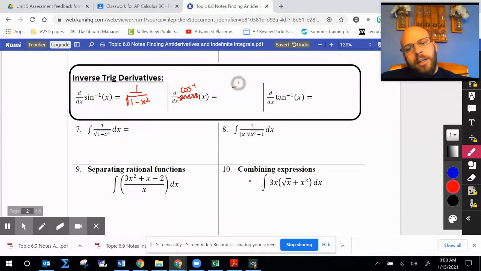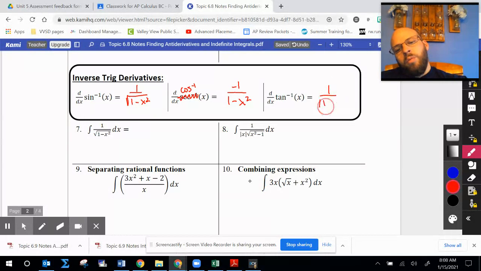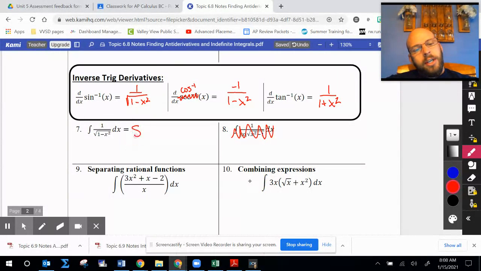And this is going to be a negative 1 over 1 minus x squared. And then tangent is a 1 over 1 plus x squared. So you don't need to know secant for your AP exam. All right, I'm going to cross this off. All right, so if you take a look at number 7, this just has to be sine inverse of x plus c.